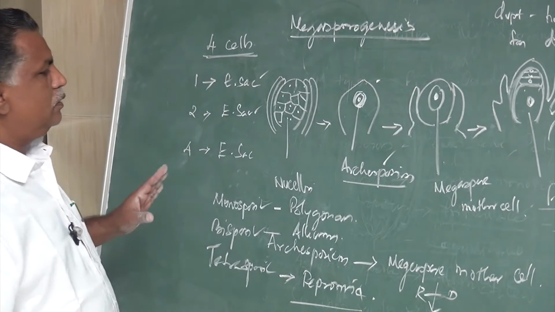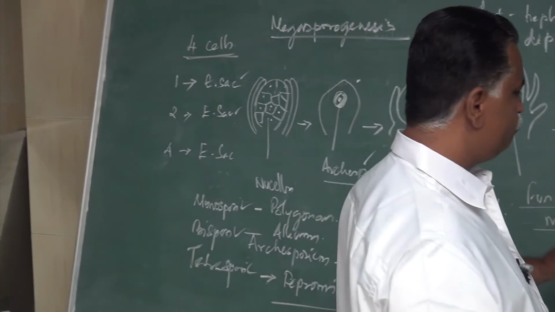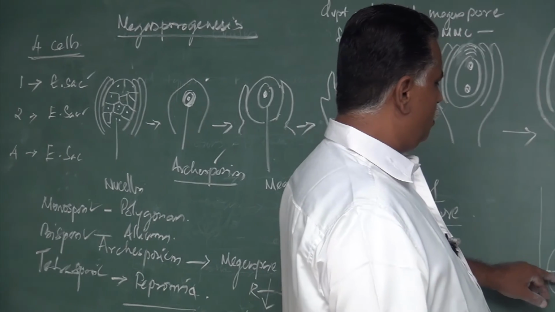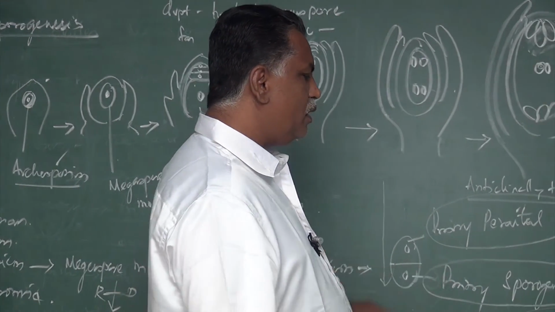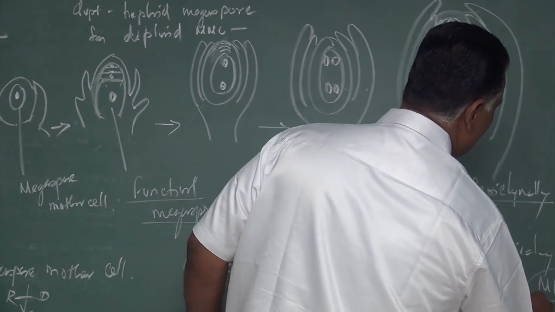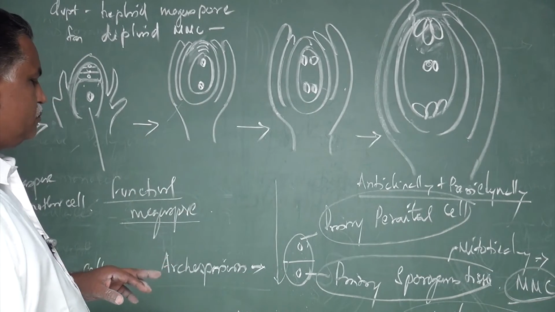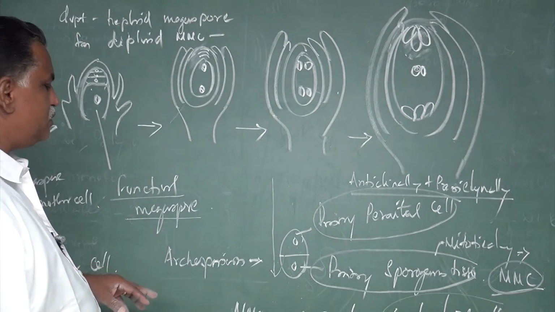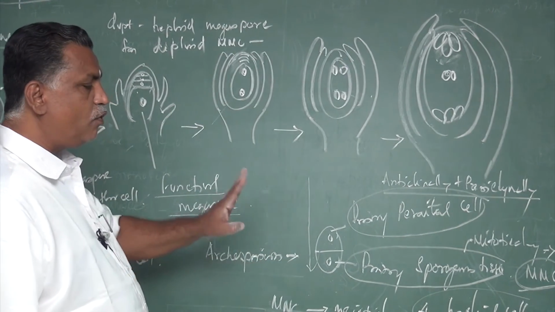So as we saw earlier, the primary sporogenous tissues divide mitotically and form a mass of megaspore mother cells. In the megaspore mother cell, meiotic division takes place, in only one megaspore mother cell, and produces 4 haploid cells.